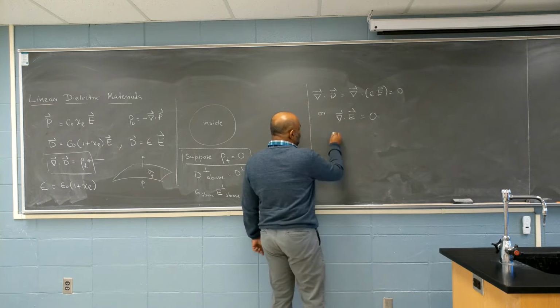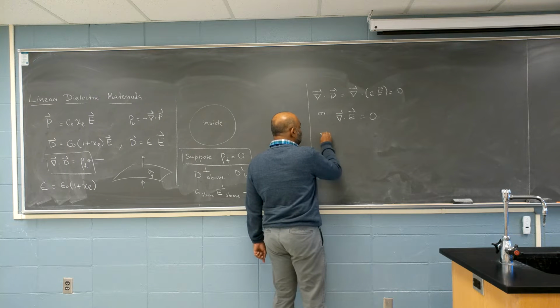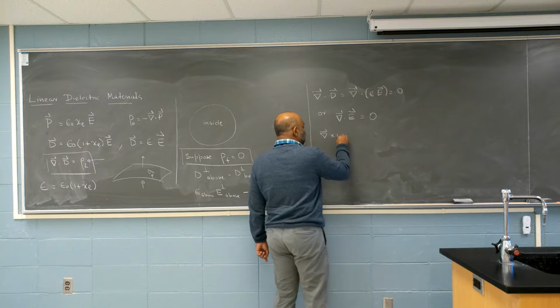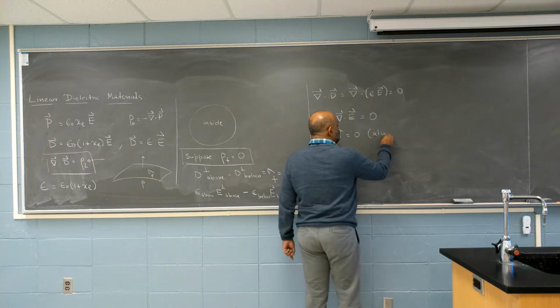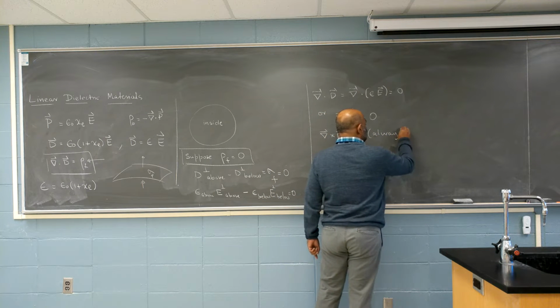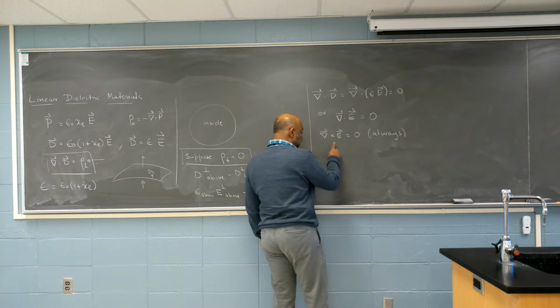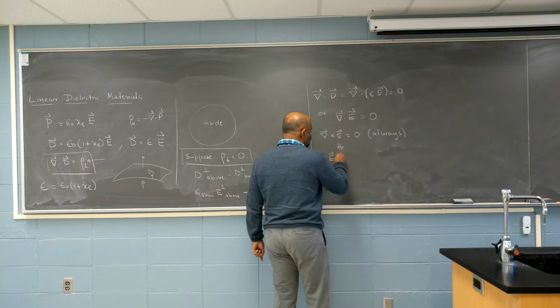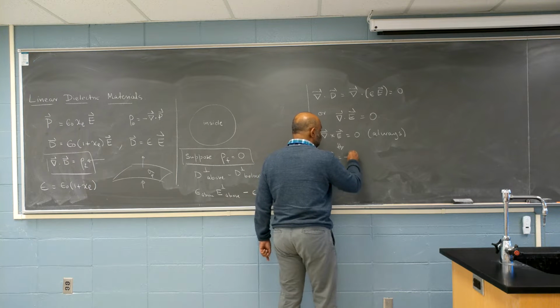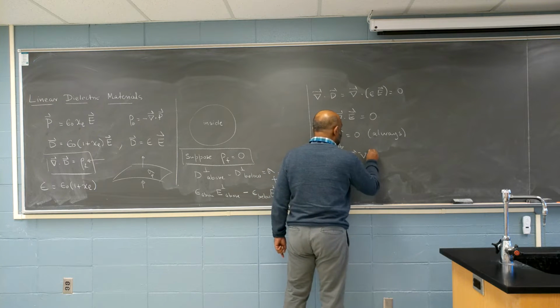Then curl of E is always 0. This itself implies that E can be written as negative the gradient of a potential.